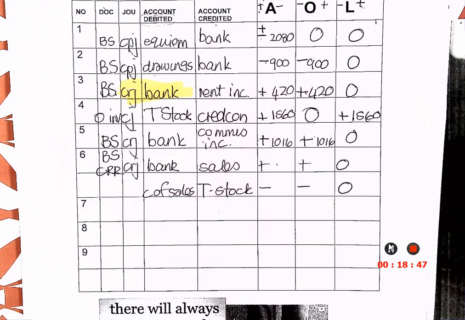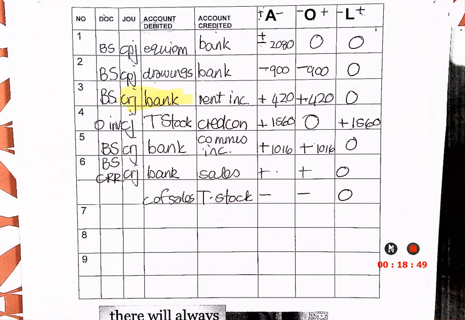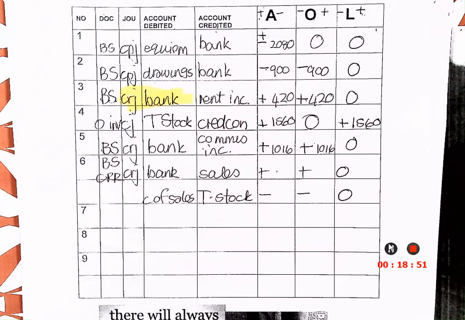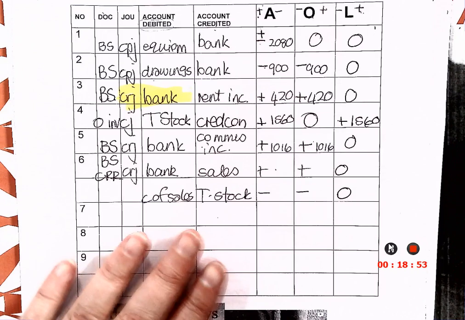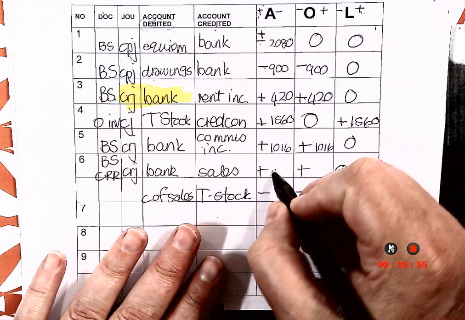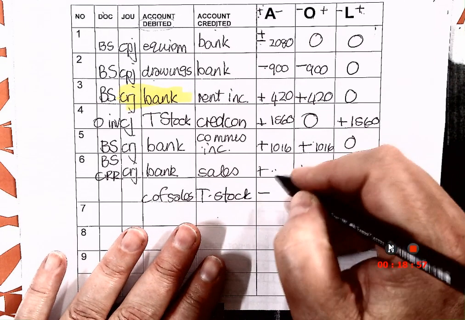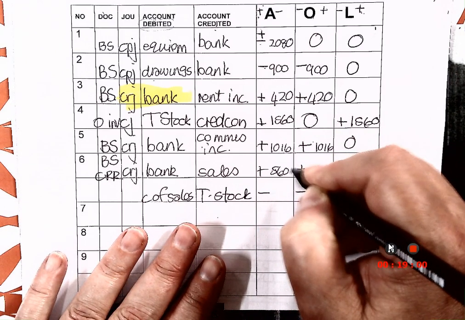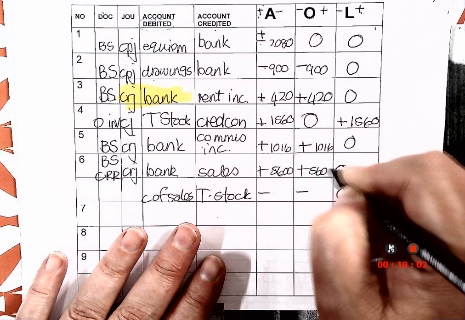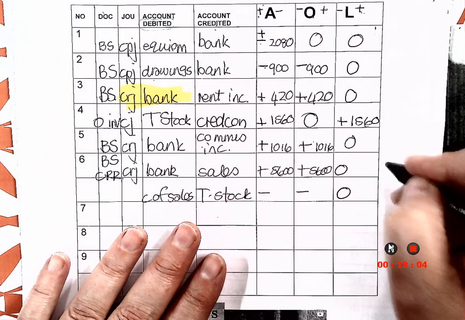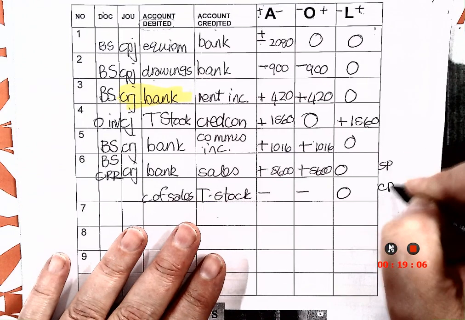Okay. May I speak aloud? Thank you. So now, I'm going to take the sales price with the pluses, which is 5,600. But I'm going to take the cost price with the minuses. So this is the selling price, this is the cost price.